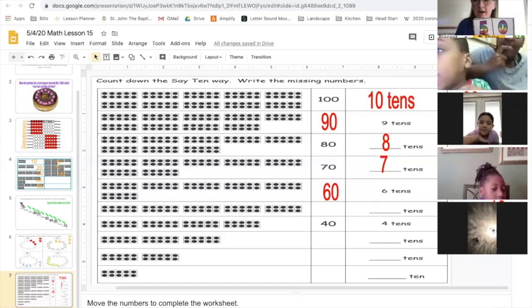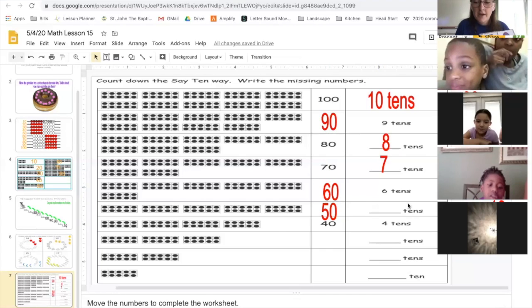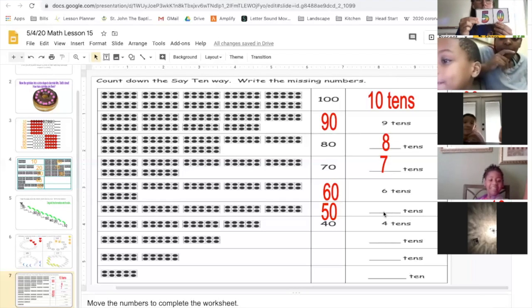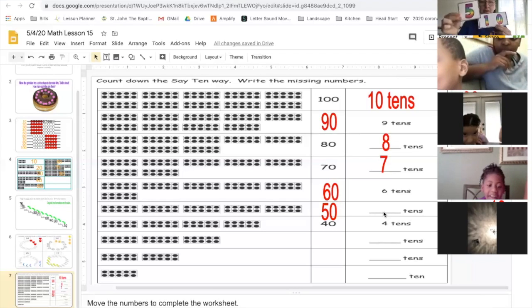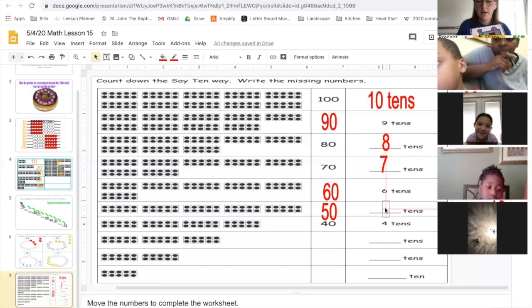So I'm going to find the 50 and move it to the picture. But they also have us fill in this one here. So 50 is also what? It's 5. So I'll take the 5 and put it here because we have 5 sets of 10. Let's go to the next one.